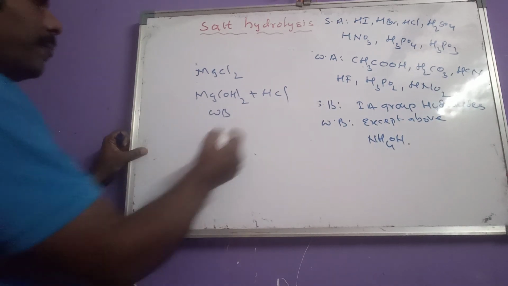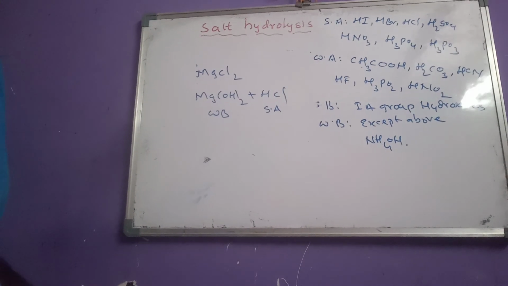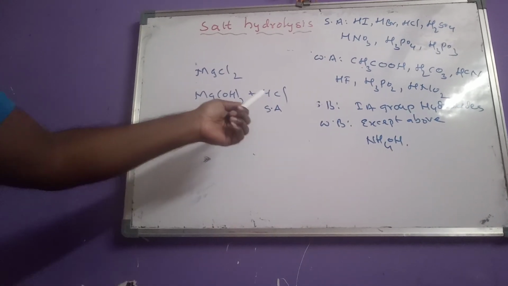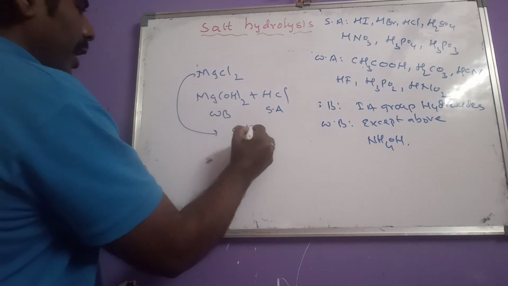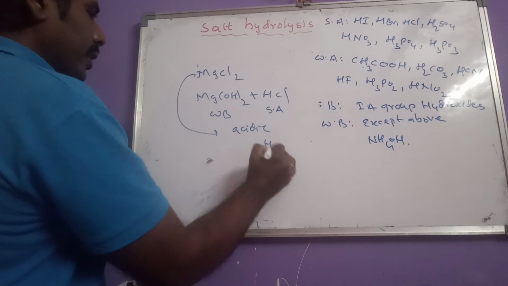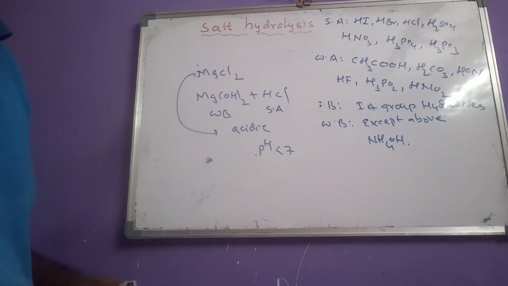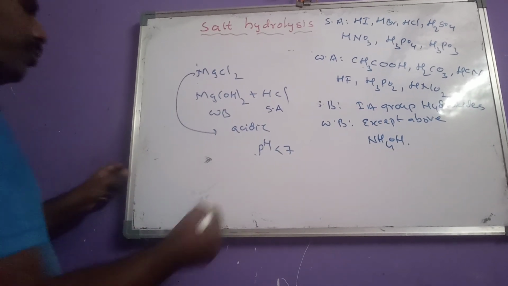So weak base, and this is a strong acid. If a strong acid and weak base play the match, who will win that match? The strong acid. So now this aqueous solution has acidic nature and pH less than 7. Blue litmus changes to which one? Red litmus.